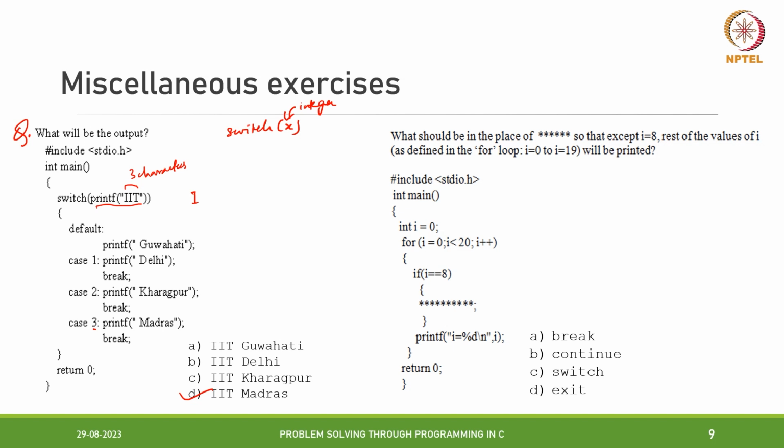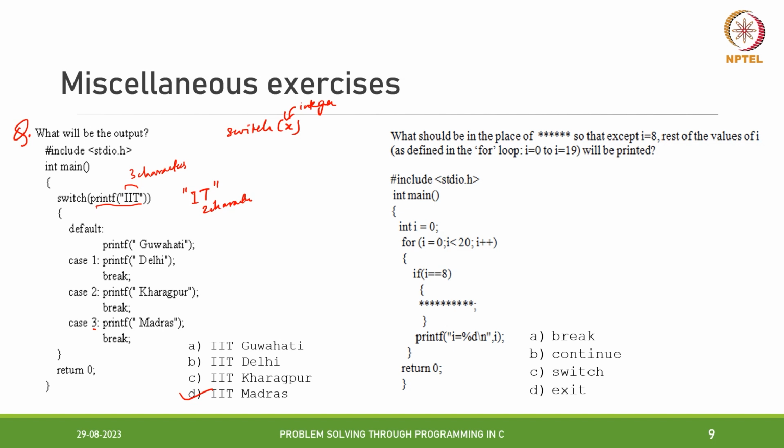Apart from printing, this number of characters that it returns goes to the switch statement, and you are matching it with case 3, Madras. So if you had written IT, that is 2 characters, it would have matched with case 2, that is Kharagpur. So IT Kharagpur would be printed.